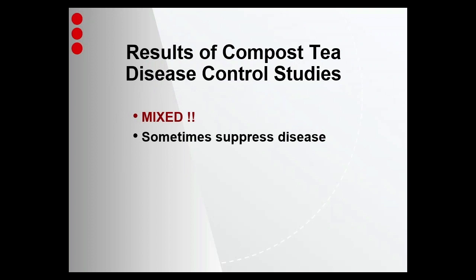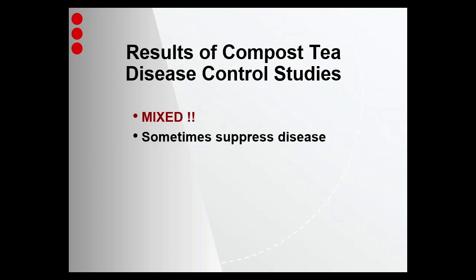Okay, so as Cece mentioned, the first thing we need to say about the use of compost tea as a disease suppressant or for disease control is that this is considered an experimental pesticide, and we are definitely not recommending the use of compost tea for disease control. And even in research, the most significant thing we can say about research so far is that the results are mixed.